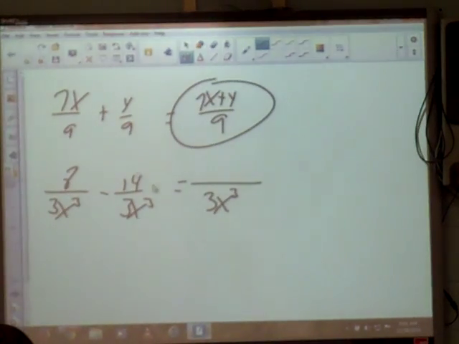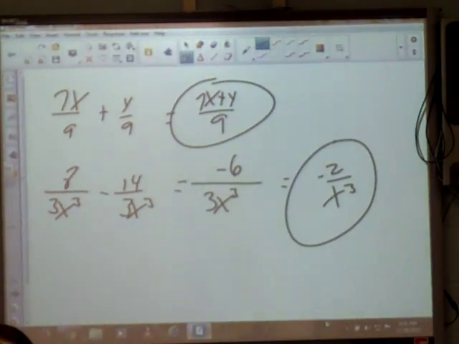Now I can actually combine these. What's 8 minus 14? Negative 6. Good job. Don't circle that one. What can you now do to that? Good. The negative 6 over 3 reduces. So negative 6 over 3 is the same as negative 2. That's it. So you reduce them when you can.